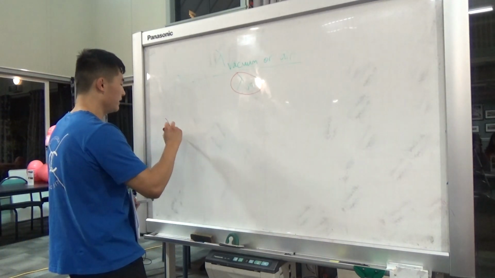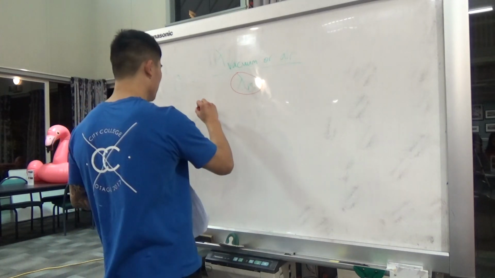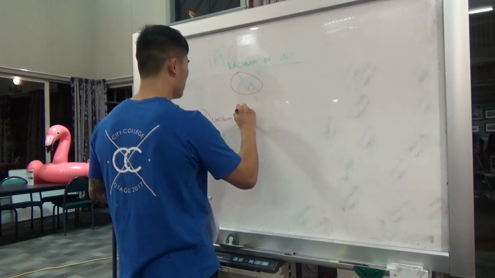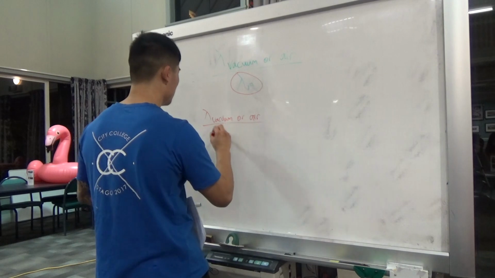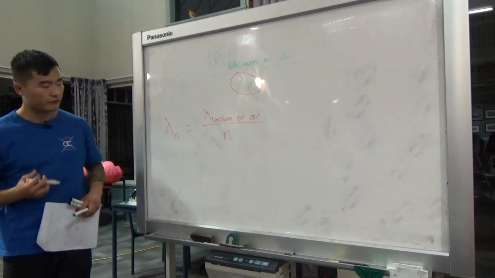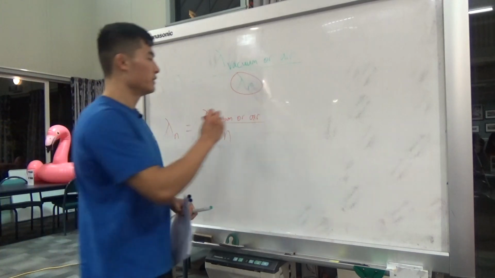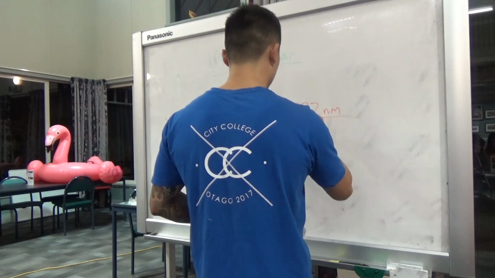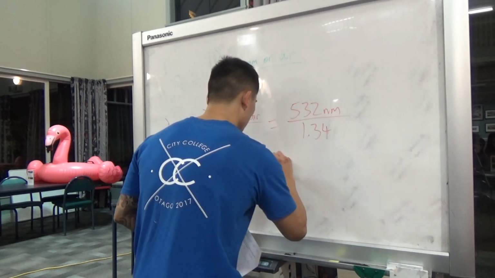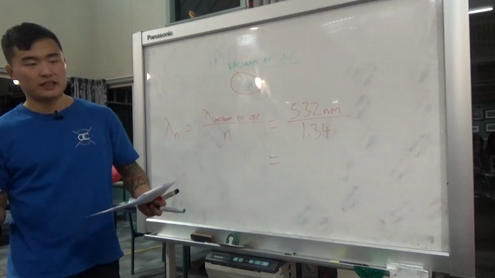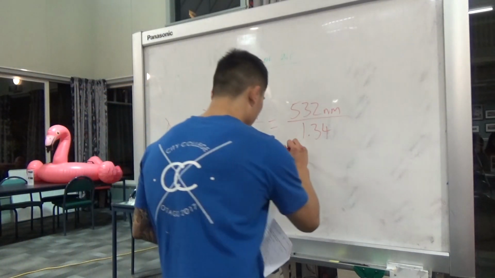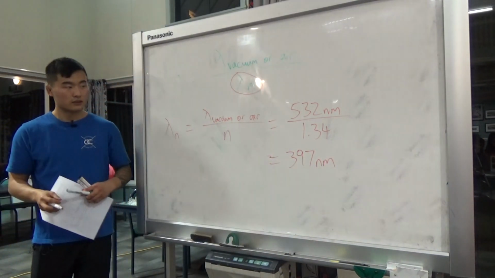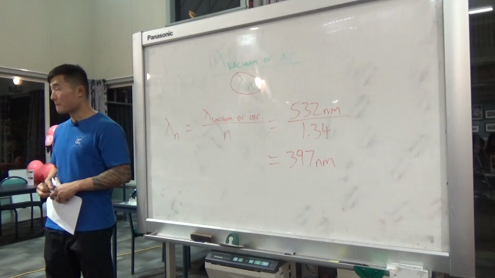The wavelength in the seawater is going to be equal to the wavelength in the vacuum or air over the refractive index. So we've rearranged that equation. That's going to be 532 nanometers divided by 1.34. Since we want the answer in nanometers, we don't have to convert in this case. And that's going to give you 397 nanometers.